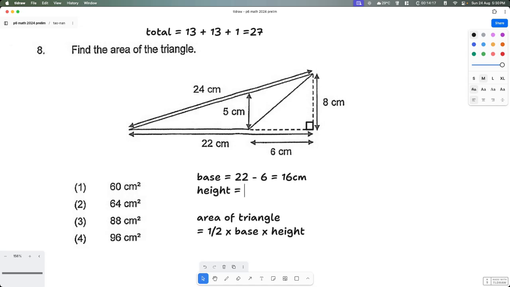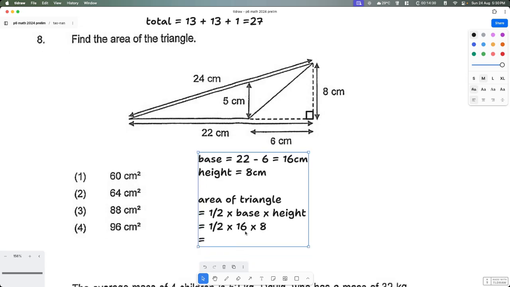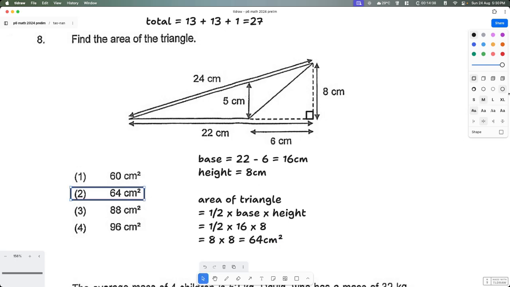The height will then be equal to 8 centimeter, right? So that means the area is half times 16 times 8, which is basically 8 times 8. So 8 times 8 is equal to 64 centimeter square. There you go. So 64 centimeter square for question number 8.